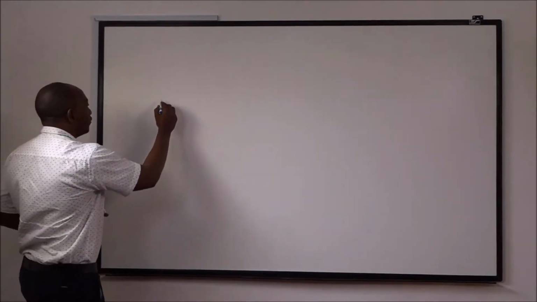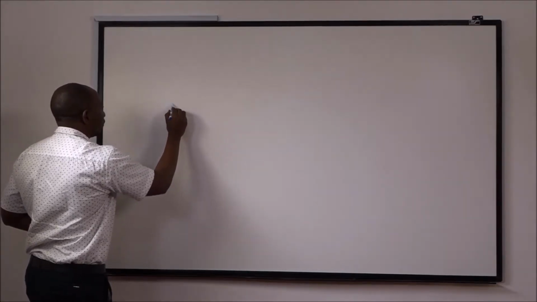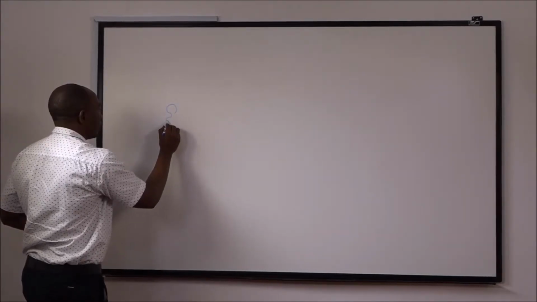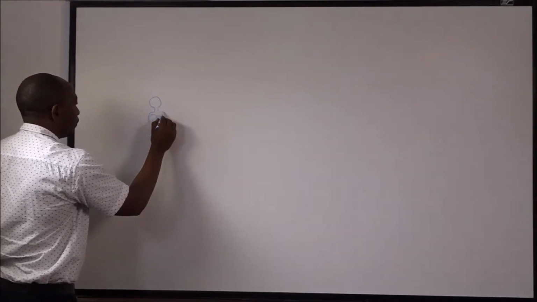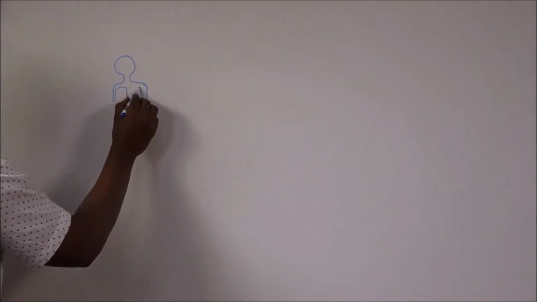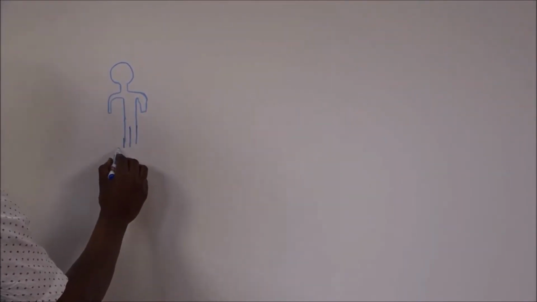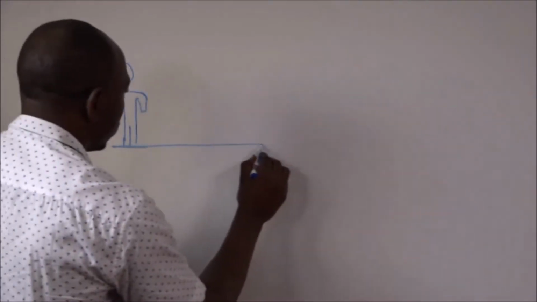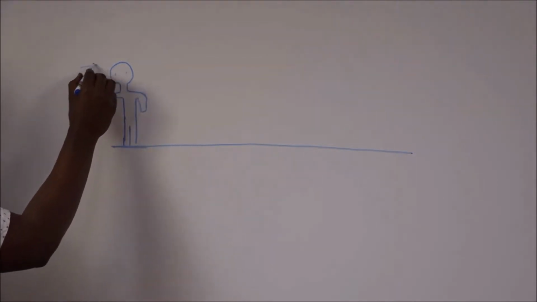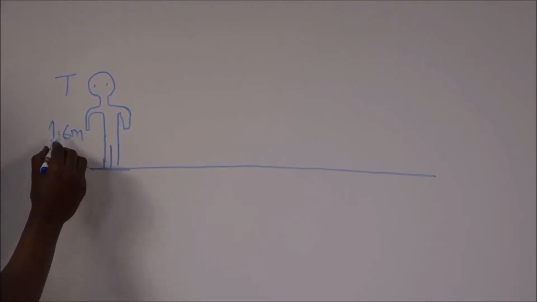So we have given the information concerning an observer, standing on the ground, and the height of this observer is 1.6 meters.